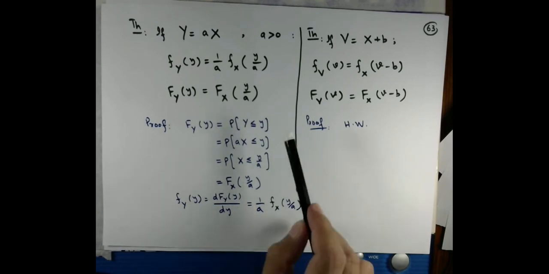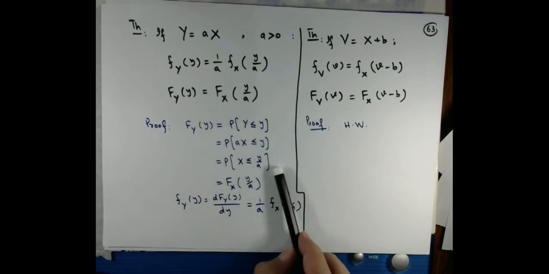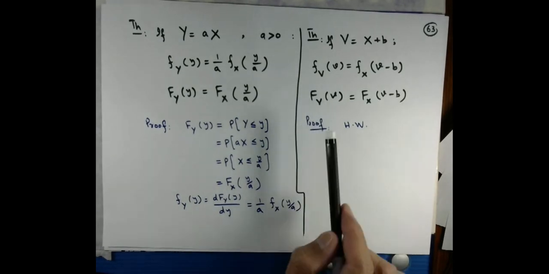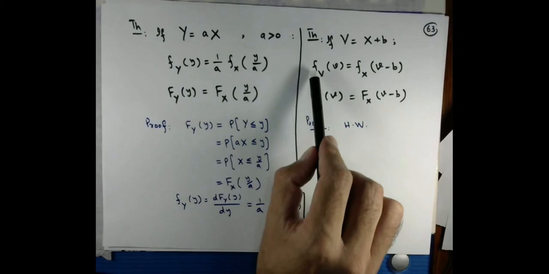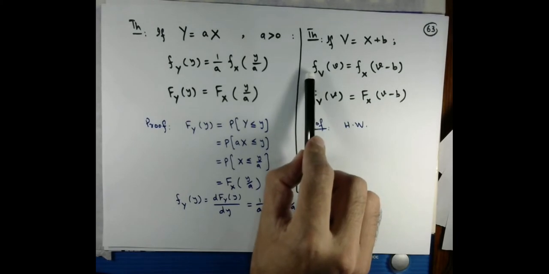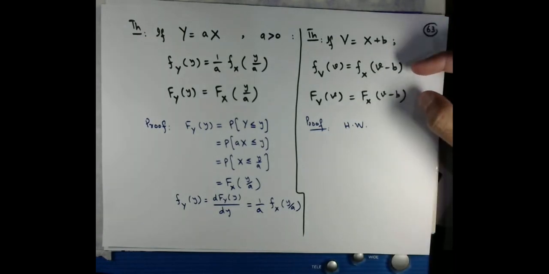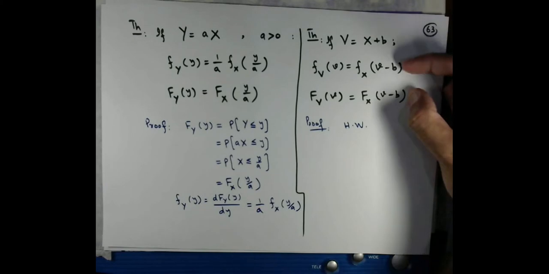If you remember and understand these steps, you should be able to find this f sub v of v, and once you have obtained that, you simply differentiate to find the PDF of the derived random variable. So if you can do that, you must arrive at these two expressions.